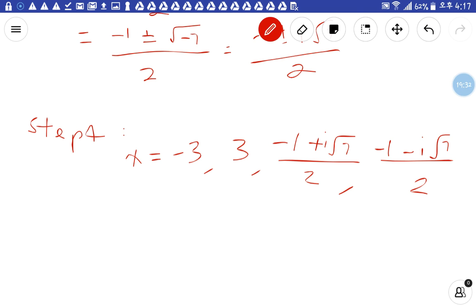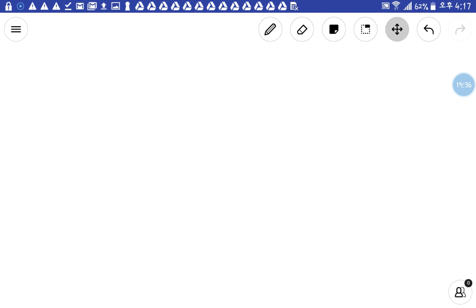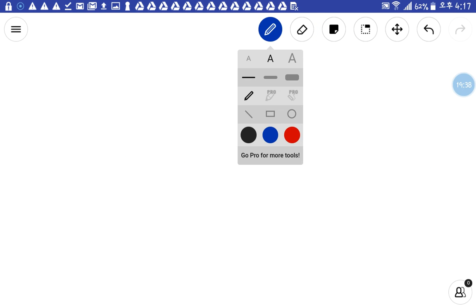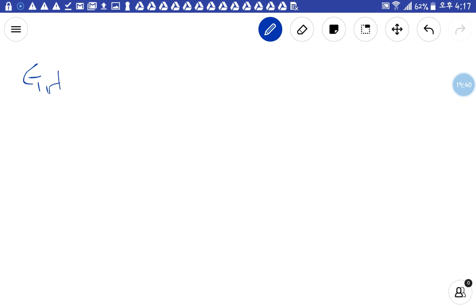Okay? I'm going to give you time to work on Got It 2 by yourself. Alright, let's go over together. Got It 2 A. What are all the zeros of the function g of x equal 2x to the 4th power minus 3x cubed minus x minus 6?